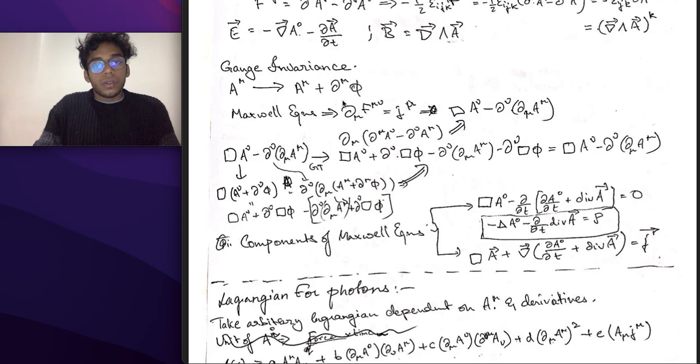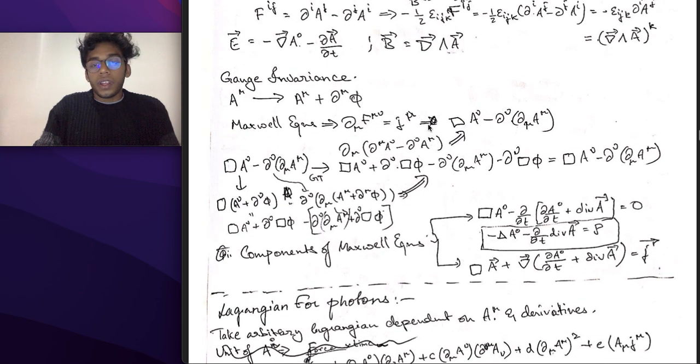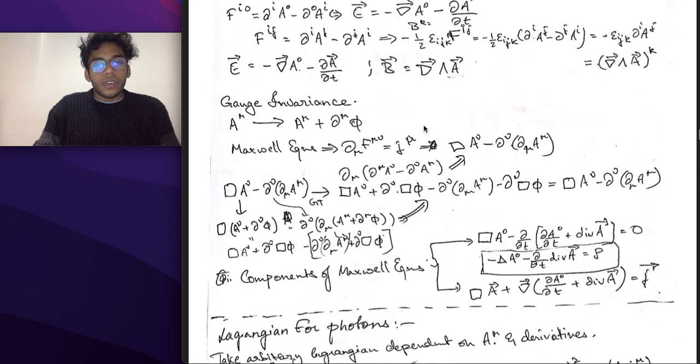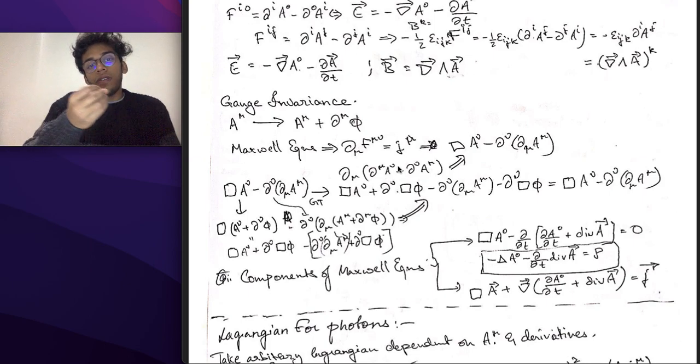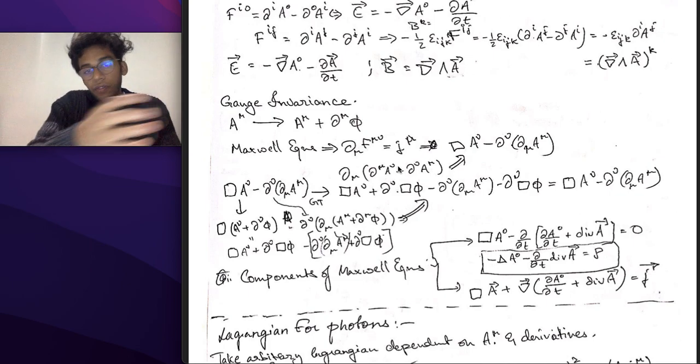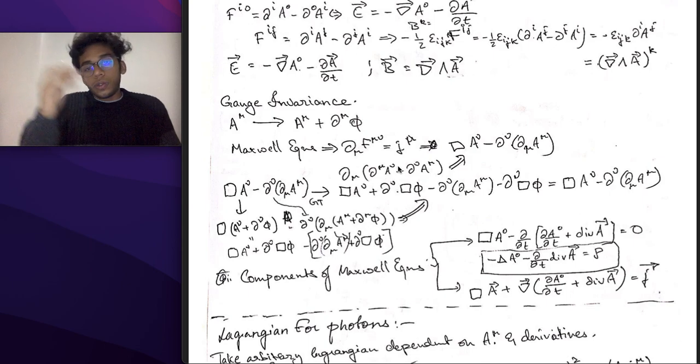Whenever you have some gauge invariance defined, you get some equation that involves the four vector A. You replace everything in that equation or relation by the transformed A mu, and then you see if it is an invariant quantity, as I told.